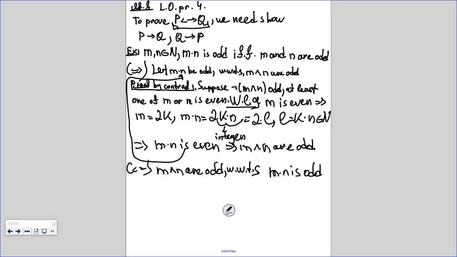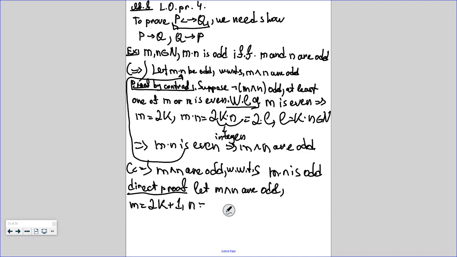So let's do it by direct proof. We say, let m and n be odd. So we can write from here m is equal to 2k plus 1 and n is equal to 2l plus 1.